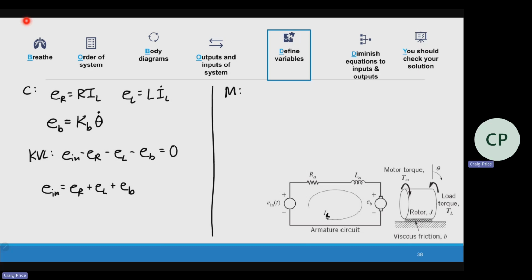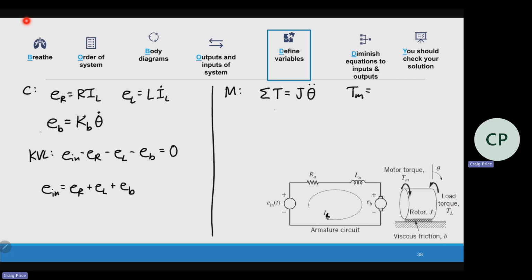Now mechanical. Let's start with Newton's second law. Sum of torques equals J theta double dot. That's my starting point. Motor torque. Maybe we didn't write that down.